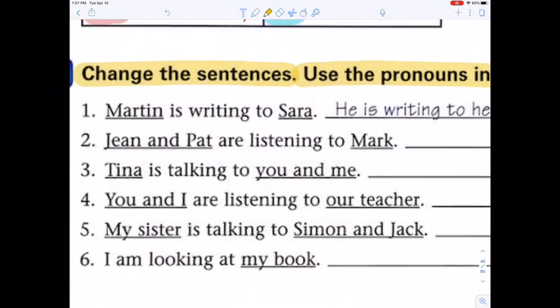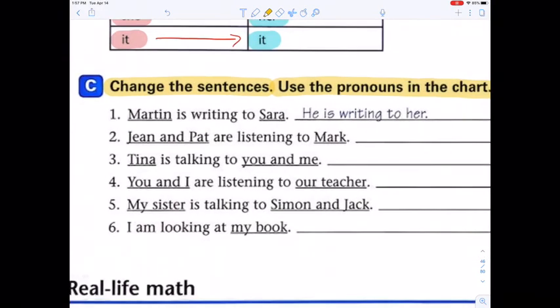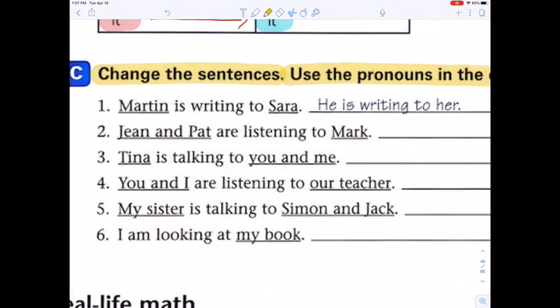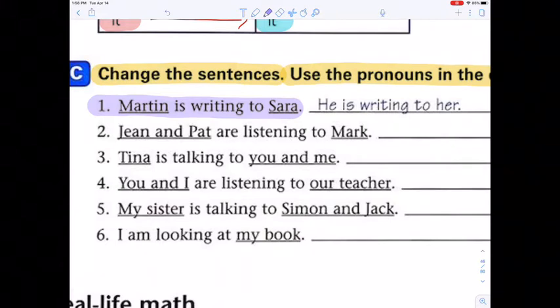Okay, the next part is I need to give you the sentences. Let's practice reading and repeating. I will read and you can repeat. Number 1, Martin is writing to Sarah. Number 2, Jean and Pat are listening to Mark.